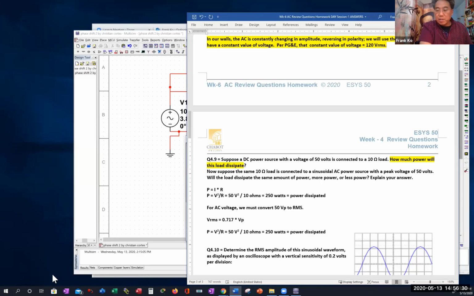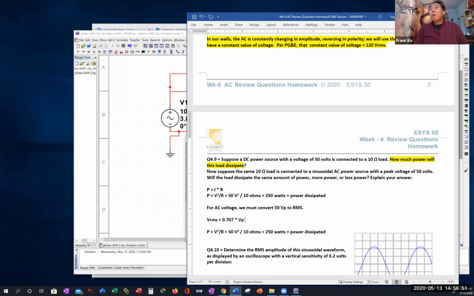Sorry, 0.707, not 0.717. Yeah, we can use the square root of 0.5, but 0.707 is close enough and easier. So our VRMS is calculated by using 0.707 times the peak.